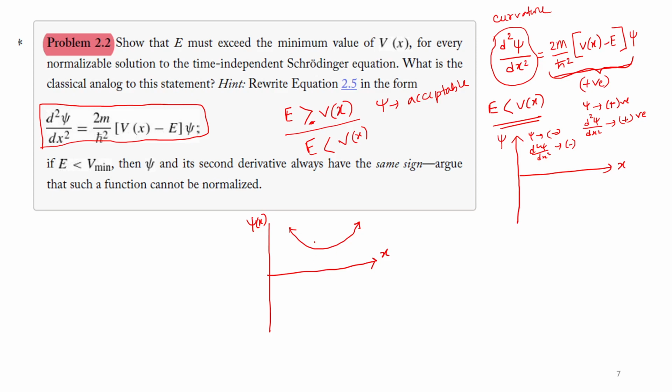When psi of x is positive, the curvature is positive. And again when psi of x is negative, on this side of the x axis, the curvature is negative, as we have discussed here. When psi is negative, curvature is negative. When psi is positive, curvature is positive. This is what we have discussed.